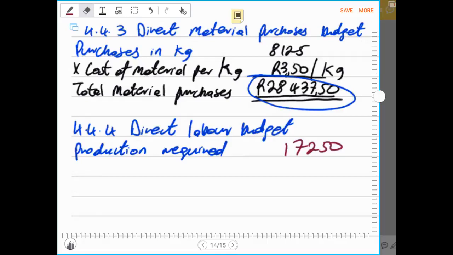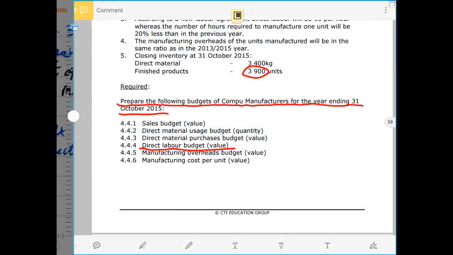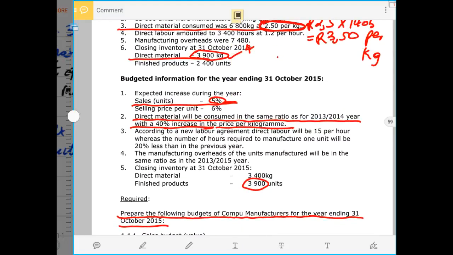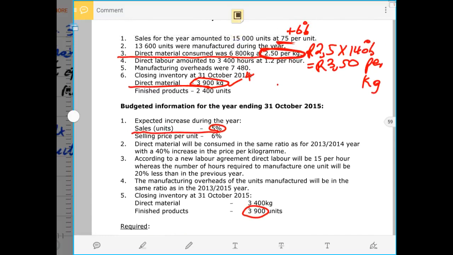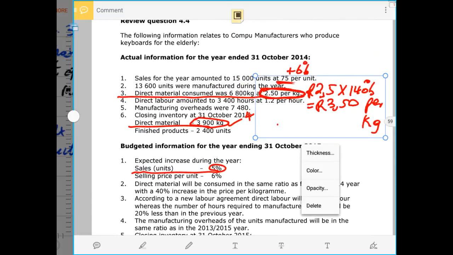So now we have to check the given information to see how many hours it takes to complete 1 unit of this product. So now let us check how we can calculate that. From the given information above, let us check whether we are given the number of labor hours or not.